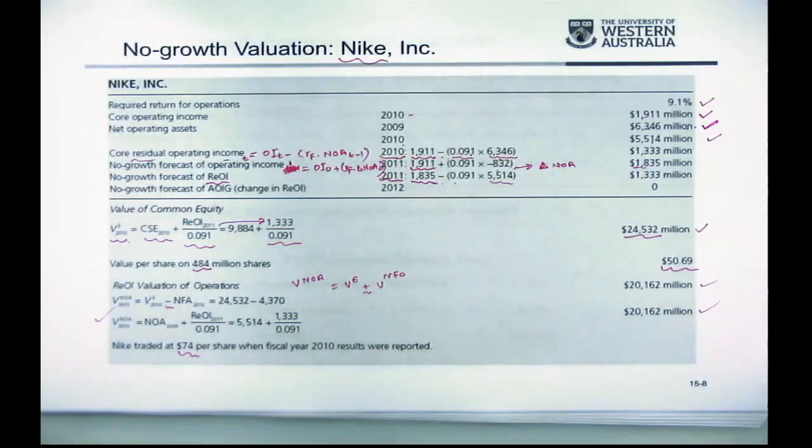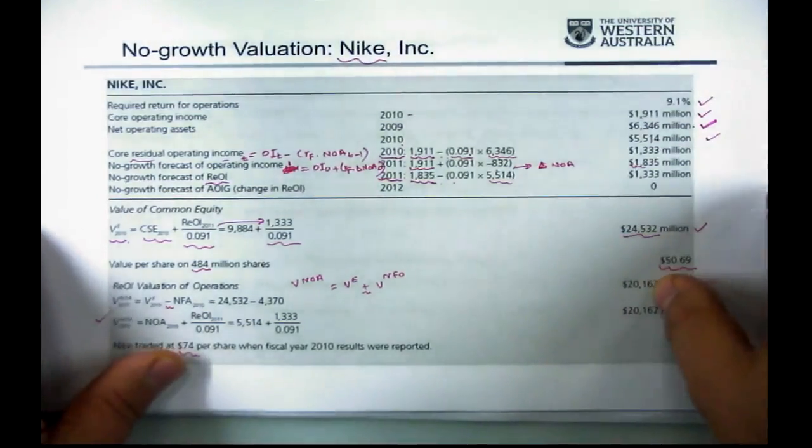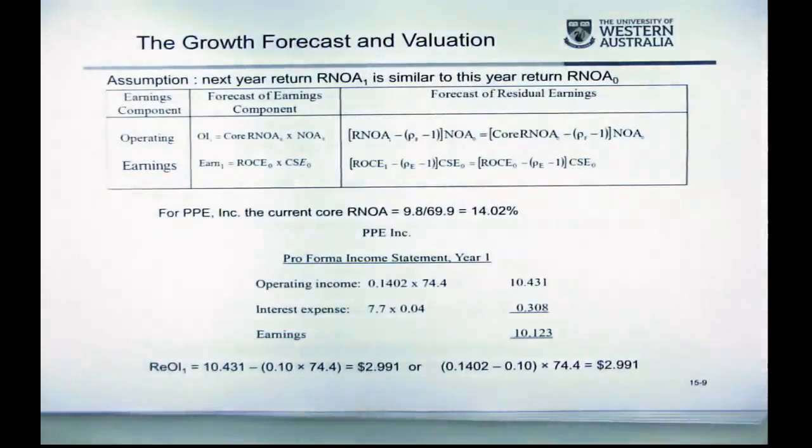The difference is too big. Definitely the market factors in growth potential for this firm. We are not incorporating the growth potential of this firm, so we should take it into consideration.